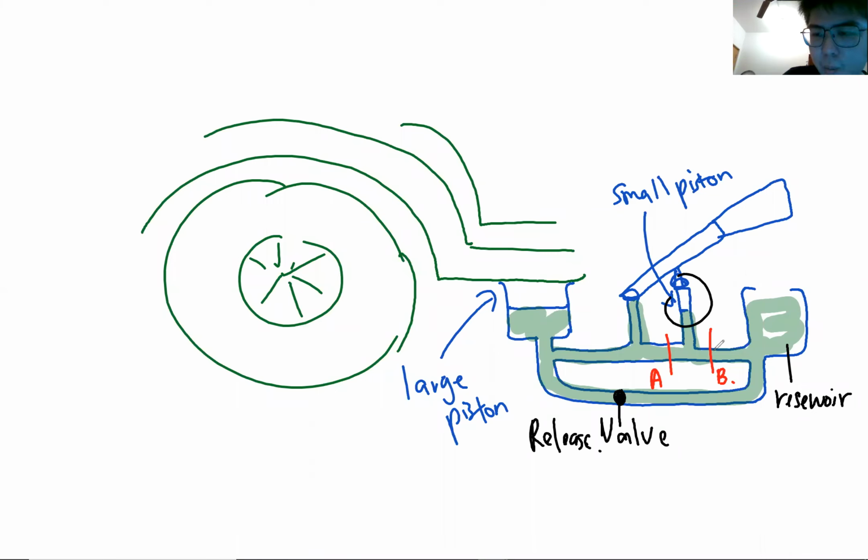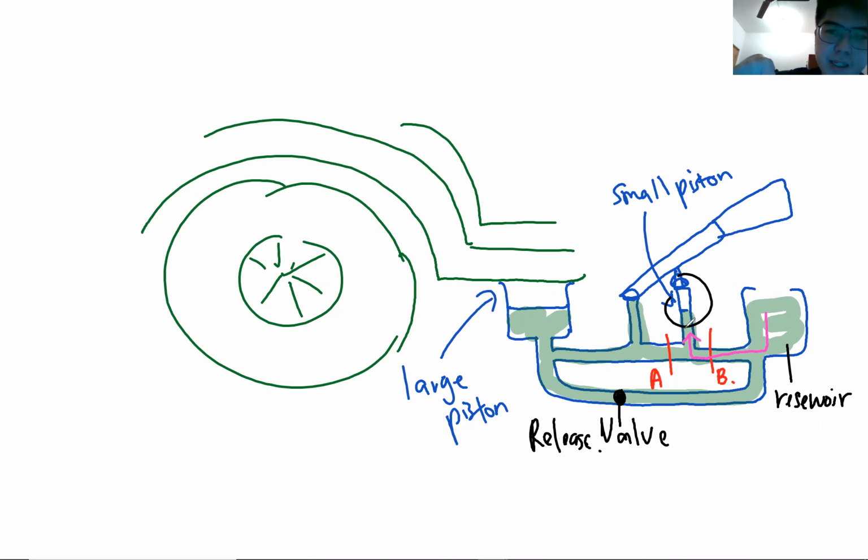So what happens when valve B is open? Valve B opens and valve A closes. The hydraulic oil flows from the reservoir into this small cylinder. Look at my pink arrow. The hydraulic oil flows from here and enters the small piston section.